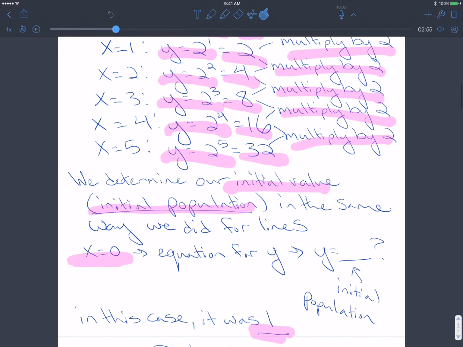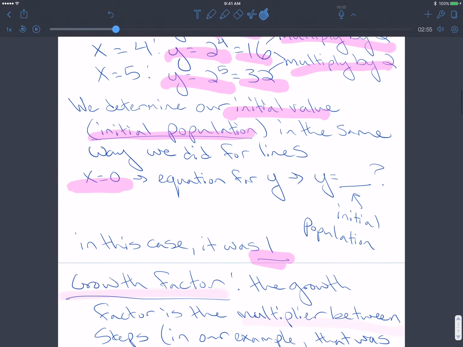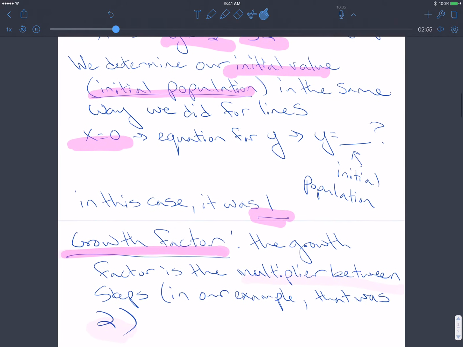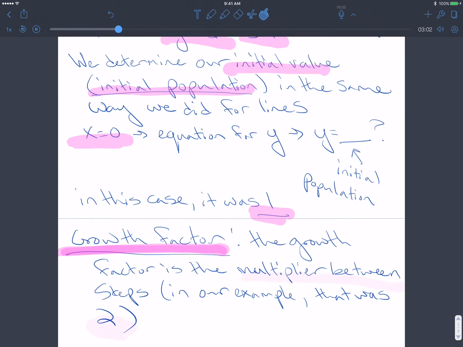Something called the growth factor is the 2. The growth factor is what we are multiplying by in each of those cases. So the steps that I broke out, I said multiply by 2 between each step because the growth factor is 2, so you multiply by 2 every time you add 1.